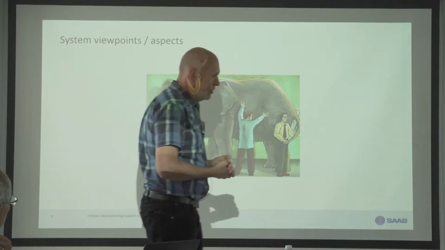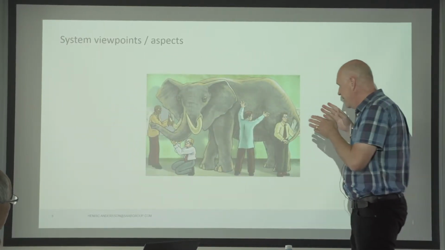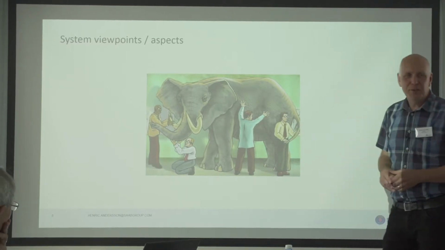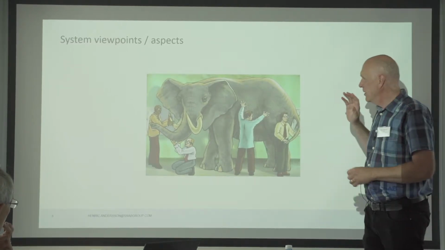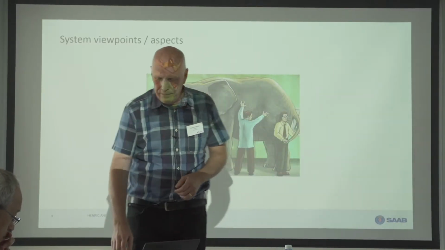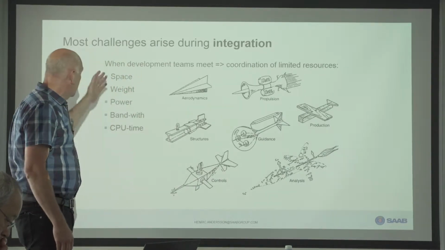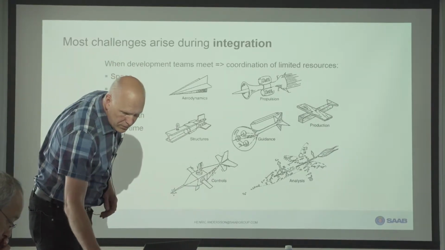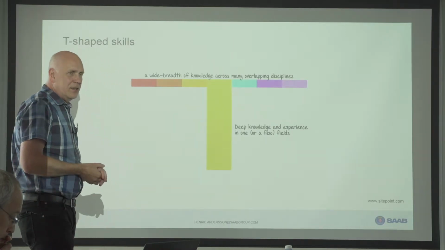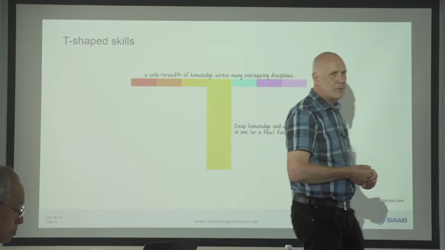So I come back to this picture again. We need both people that are specific on the specific topics, and we need the global view of the product, as I talked about. So then we come back to the different aspects, but the T-shaped skills, the T-shaped engineer that Martin talked about.